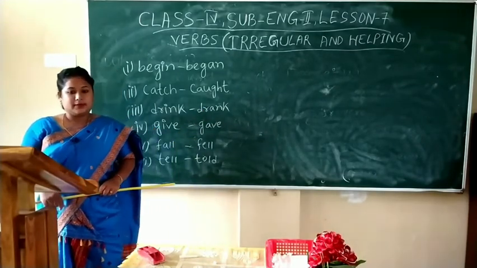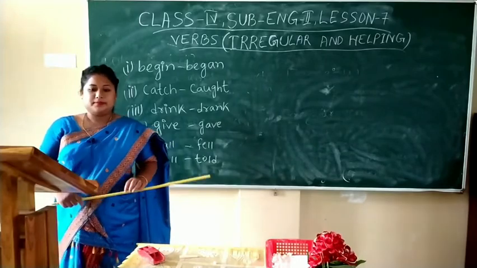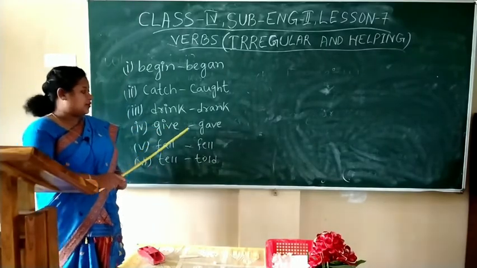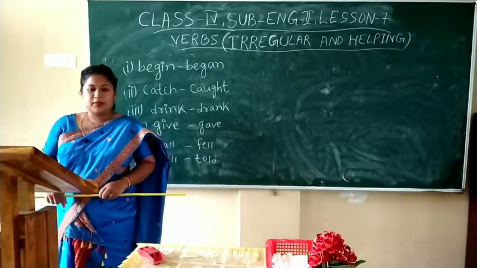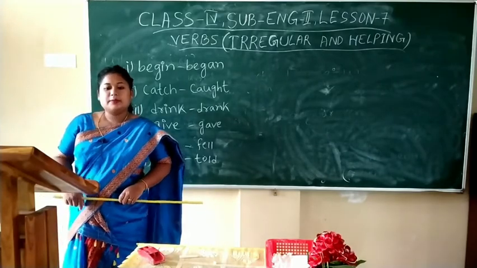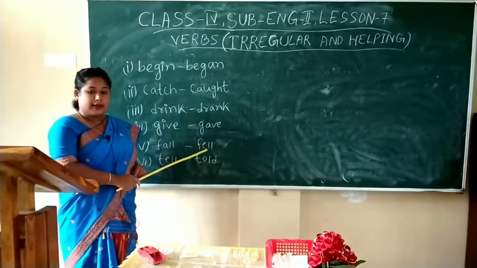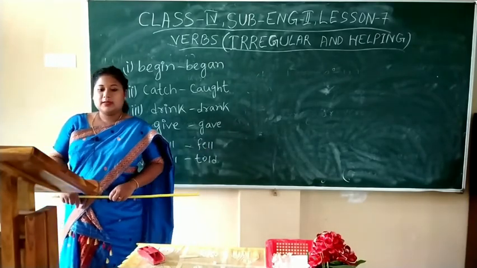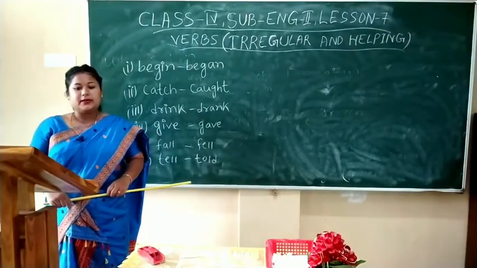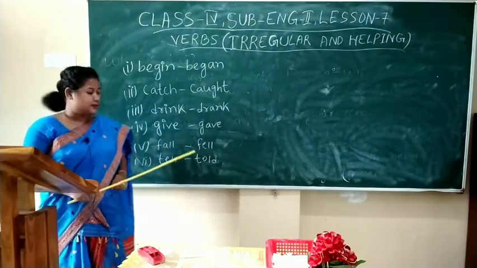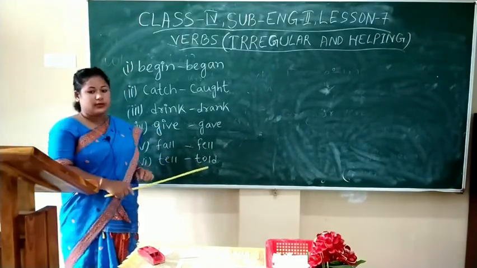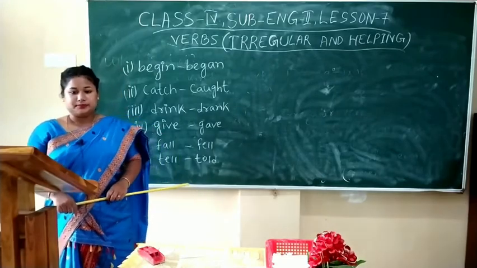In the fourth example, the present form of verb give is changed to gave in the past form. In the fifth example, the present form of verb fall is changed to fell in past form. Similarly, in the sixth example, the present form of verb tell is changed to told in past form.